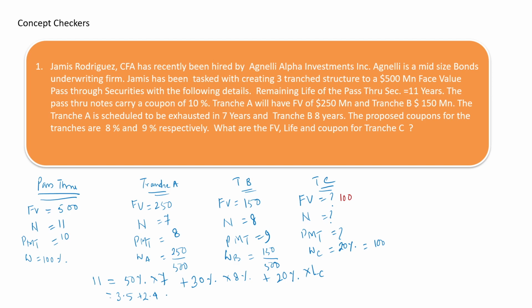In fact, we need not even do this calculation at all, because we have to find out this portion, since we have already got the 3.5 plus 2.4. This would mean that this portion is equal to 11 minus 5.9.